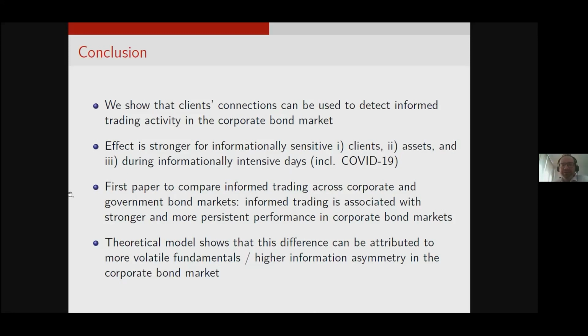To our knowledge, this paper is the first to come up with a strategy to compare informed trading and the role of private information, not just across clients, but controlling for client identity across markets as well. And the theory puts some additional structure on these explanations. I can stop here and look forward to the discussion.